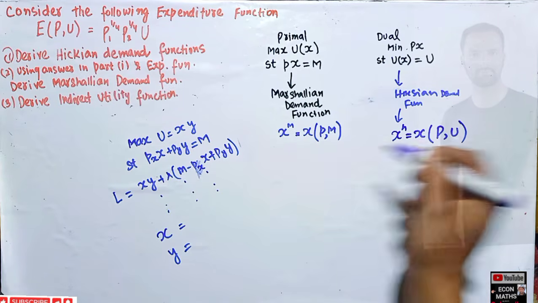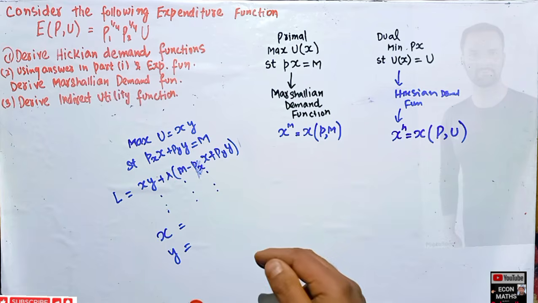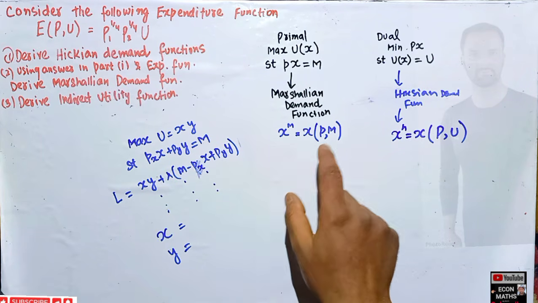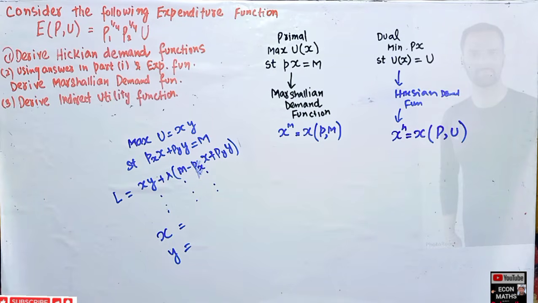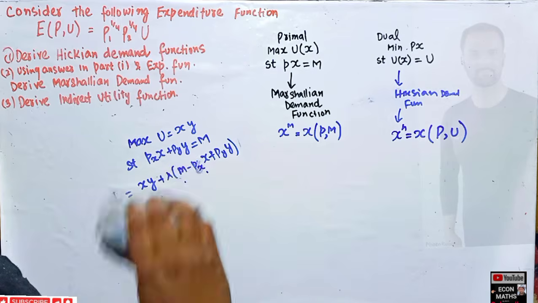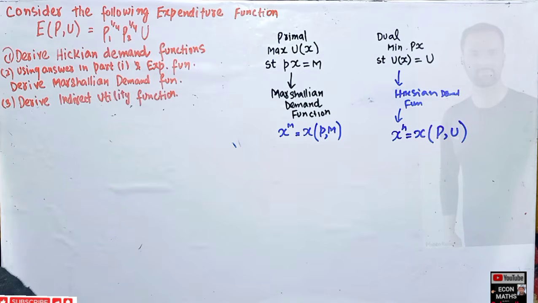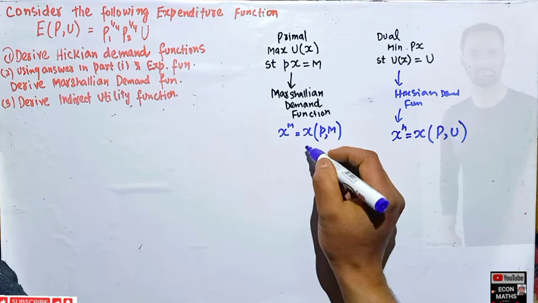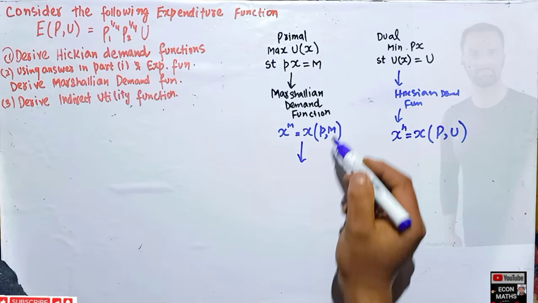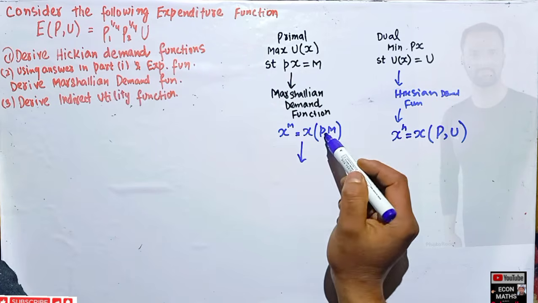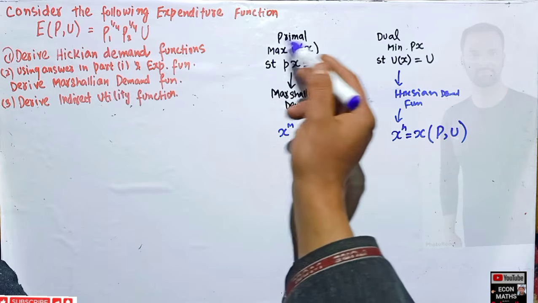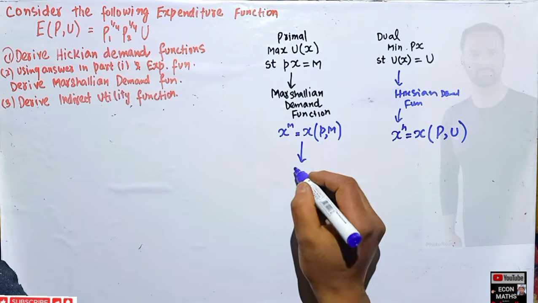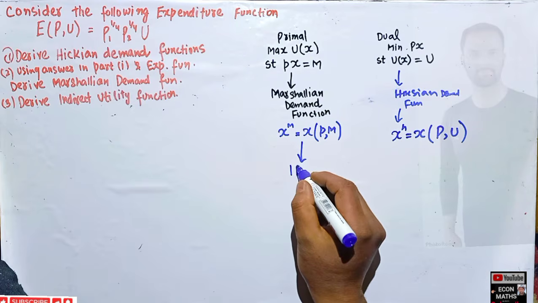So the first difference between the Marshallian and Hicksian demand functions is that the Marshallian demand function is a function of price and income, while the Hicksian demand function is a function of price and utility. After that, when we insert this optimal value back into our maximization function, the utility function, we get the indirect utility function.